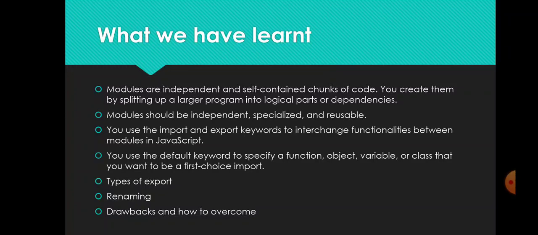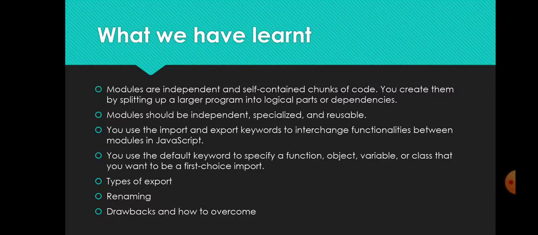We also know that the default keyword is used to specify a function, object, variable, or class that you want to be the first choice for import. We also saw how we rename, and why exactly we do this: to overcome the problem of having the same names for functions and classes.